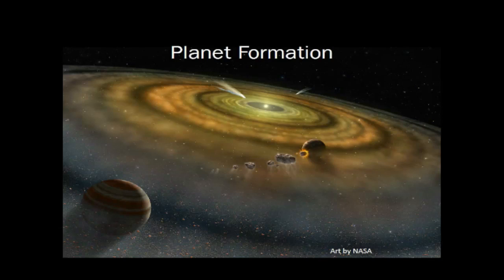So the context of understanding the origin of the Earth and the Moon is the basic mechanics of planet formation, where dust collides and grows into larger planetesimals until protoplanets are made. And when the protoplanets form, they collide with one another to make larger planets.